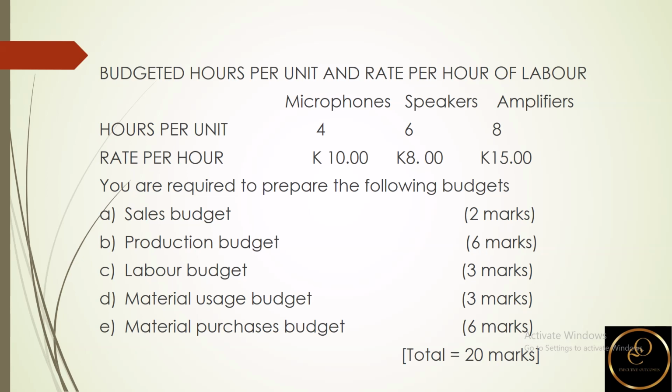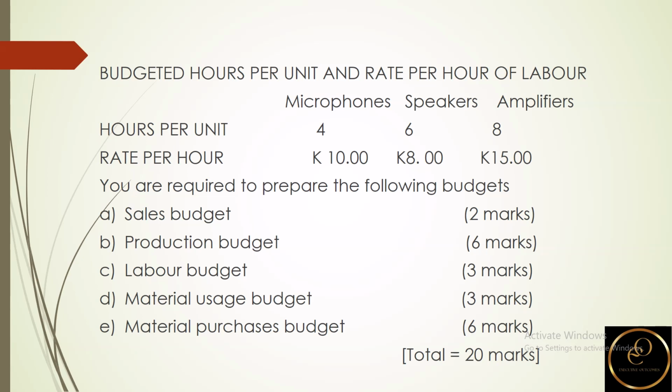You are required to prepare the following budgets: sales budget 2 marks, production budget 6 marks, labor budget, material usage budget, material purchases budget. So these are the budgets that we are required to prepare. So let's look at how we prepare this.